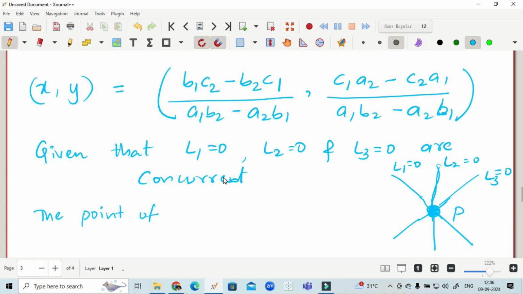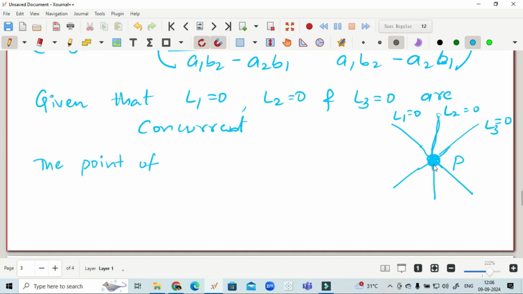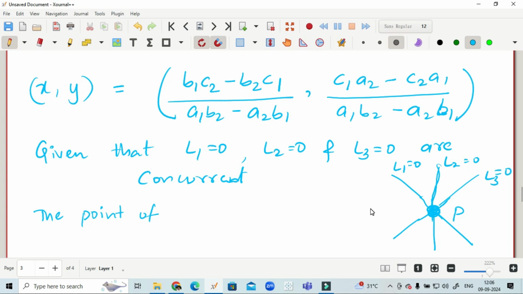So clearly it is understood that L3 also passes through the point of intersection of L1 = 0 and L2 = 0. This point of intersection is satisfied by the equation L3 = 0.